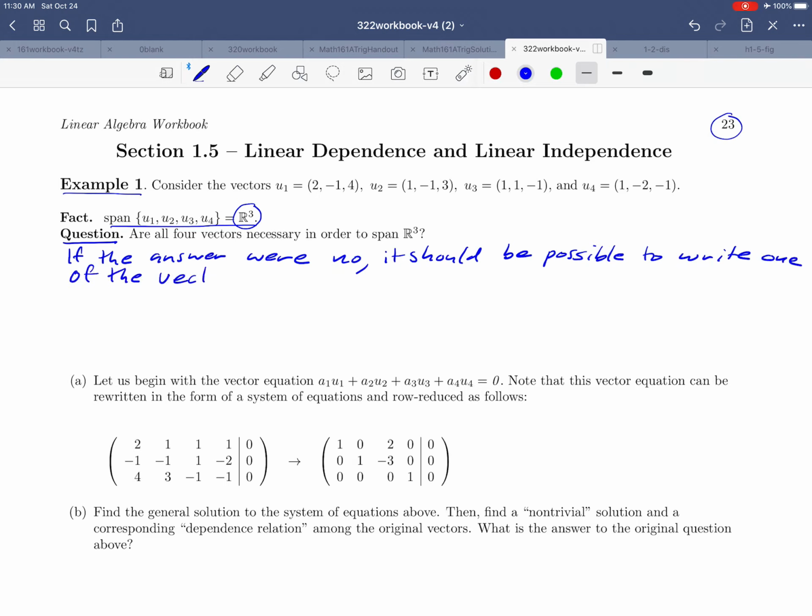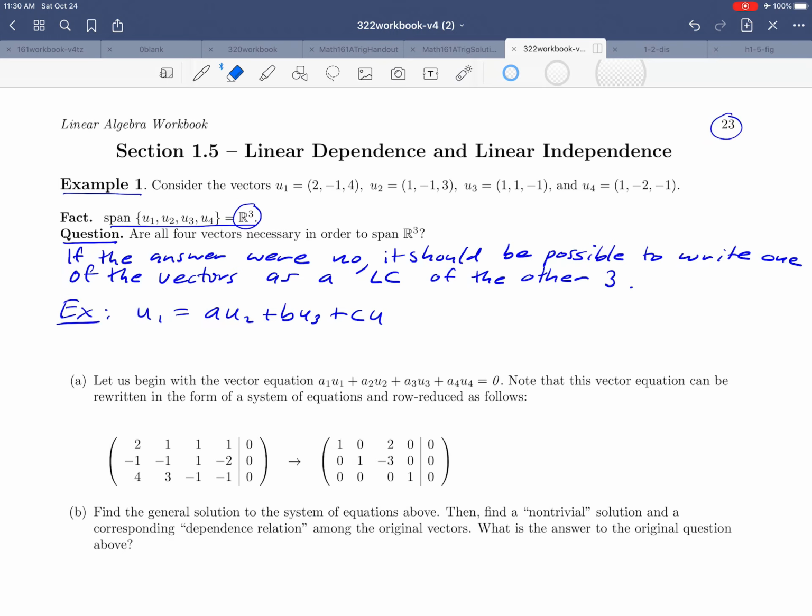I'm going to use the abbreviation LC for linear combination. For example, maybe we can write u1 as a linear combination of the other three vectors. So u1 is some constant a times u2 plus some constant b times u3 plus some constant c times u4.